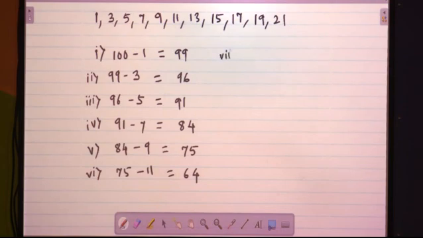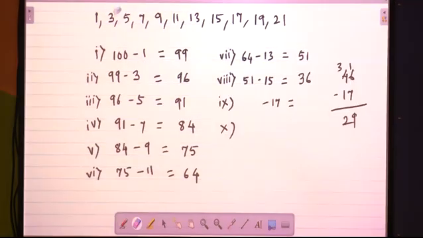Next step, that is the seventh one, 64 minus 13 is equal to 51. Next step, 51 minus 15 is equal to 36, minus 17 is 19, and 19 minus 19 is equal to 0.